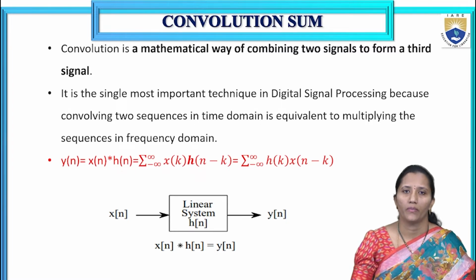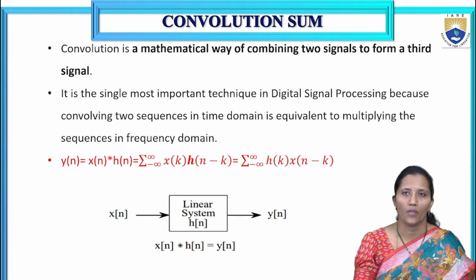So first of all, we will discuss what is convolution sum. Here convolution is a mathematical way of combining two signals to form a third signal. It is the single most important technique in digital signal processing because convolving two sequences in time domain is equivalent to multiplying the sequences in frequency domain.